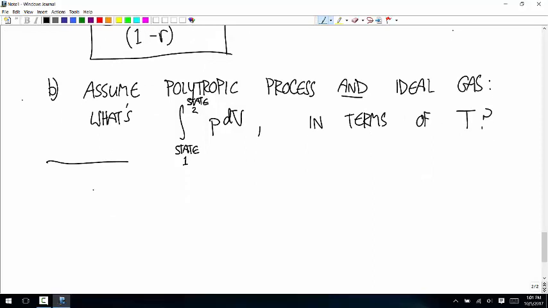Since it's an ideal gas, we have two forms we can work with. P times specific volume is equal to this material dependent R times temperature. Or that's also equivalent to the pressure times the true volume is equal to the number of moles times the universal gas constant, that's not material dependent, times the temperature.